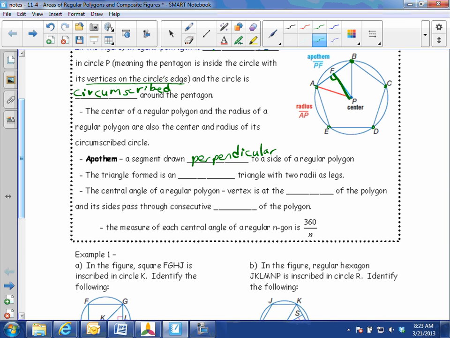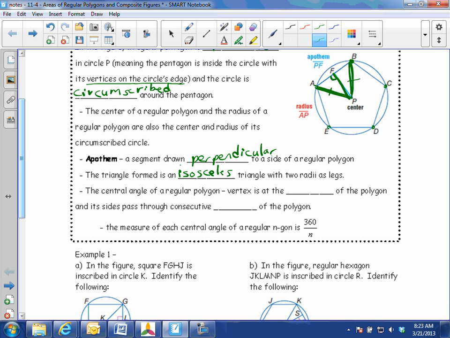The triangle formed is an isosceles triangle. I know this side is going to be the same length as this side. How do I know that they have to be the same?